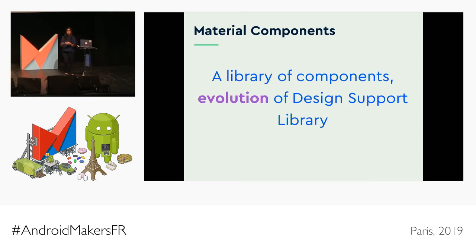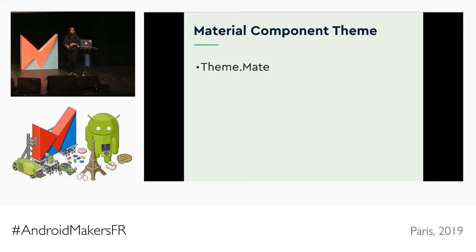If you migrate to AndroidX, it automatically does that for you. And when you do this, you are now ready to use the Material Components theme. You could still use it with the design support library, but it doesn't have the latest stuff. So I recommend that you migrate first, if possible.